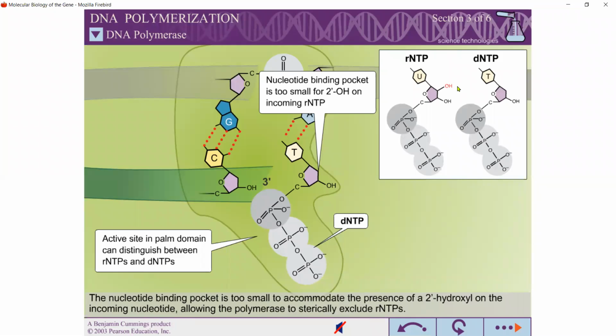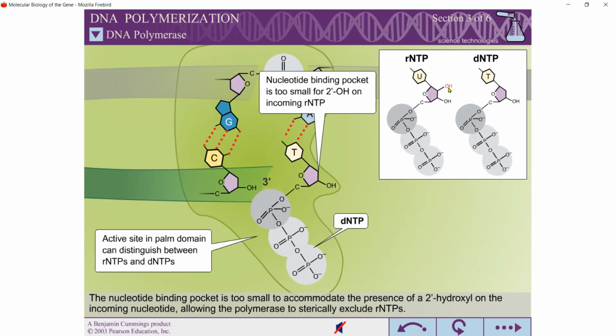But if by mistake, as we know that in the cell there are ribonucleoside triphosphates also, if by mistake a RNTP enters, it will not be able to sit into the pocket because the place provided by this pocket does not ensure the space required by oxygen.